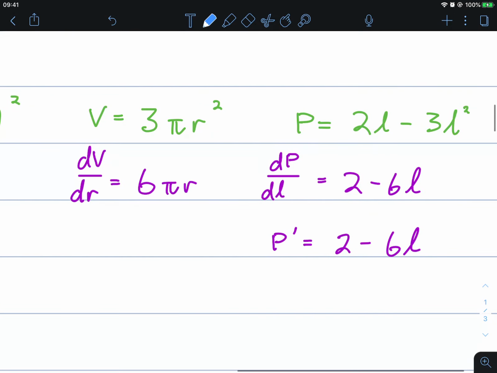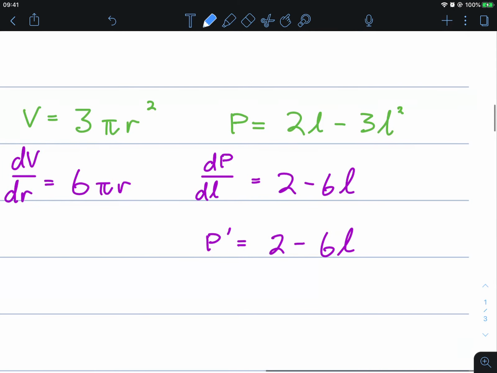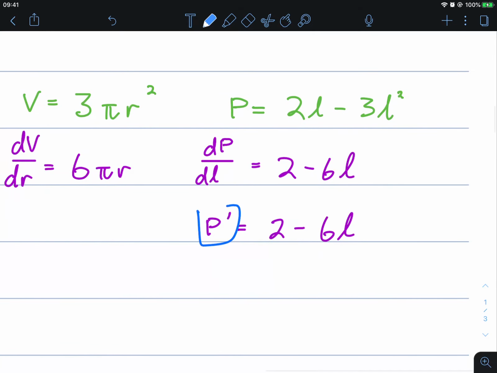Here's where it gets slightly different. If we have, let's say, the volume of some container equal to 3 pi r squared, the derivative of the volume with respect to r, because r is the value that we're treating like x, uses this notation. And lastly, if you have p equals an expression, its derivative is dp on dl. Alternatively, you could just use p prime.